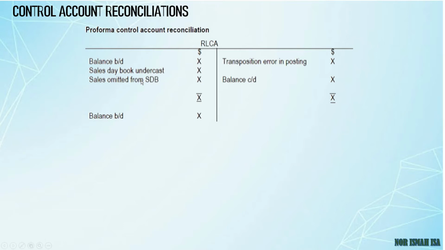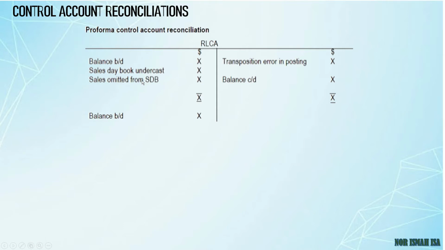One of the items that needs to be adjusted is sales day book undercast, which means this amount has been decreased, has been undercast while posting to the control account. So the undercast you just adjust at the debit side, and the same goes for sales omitted from the sales day book.